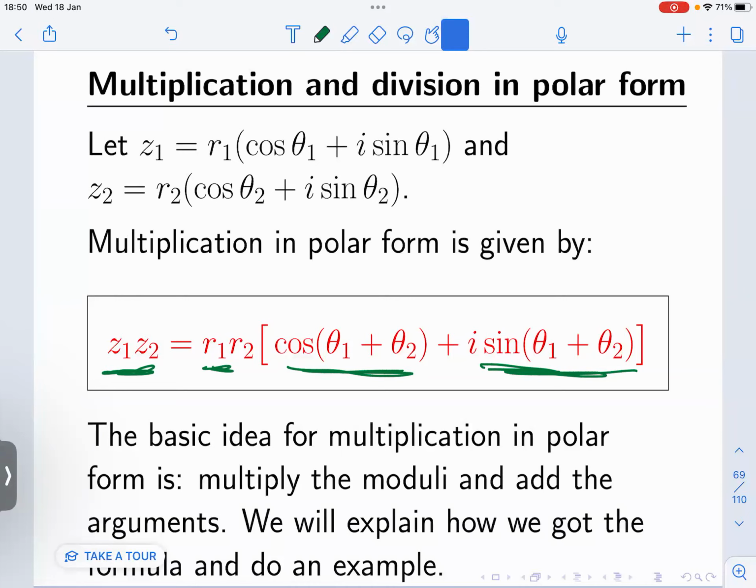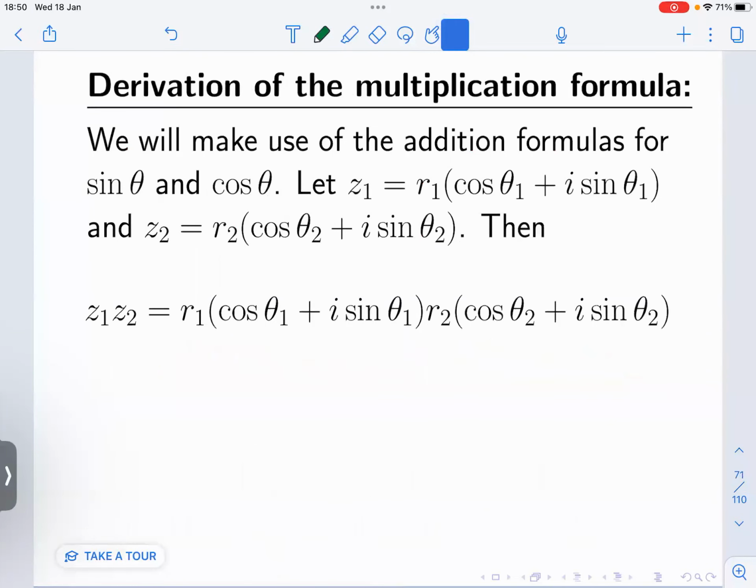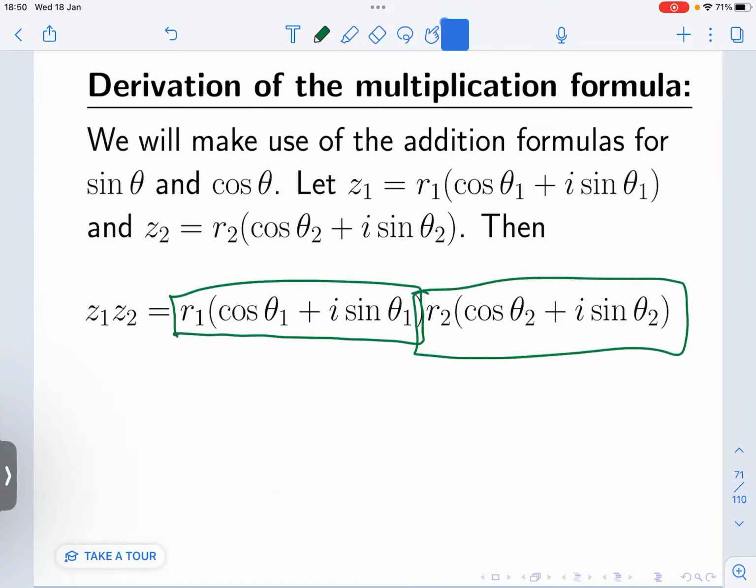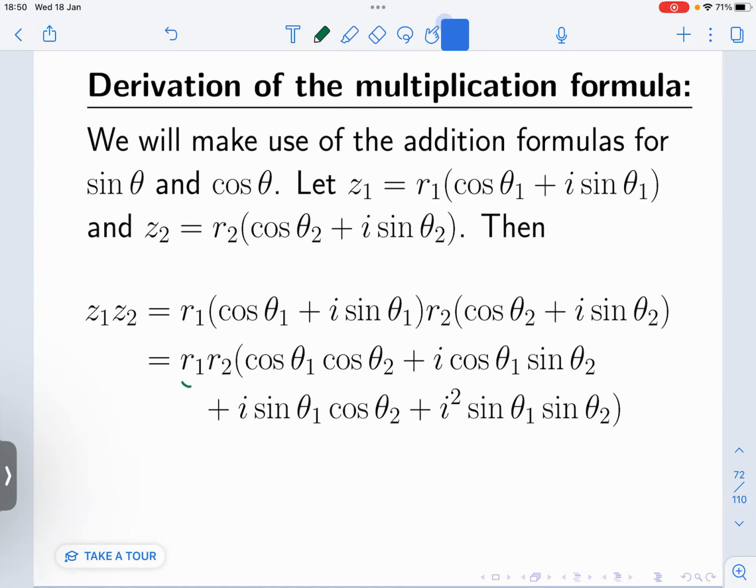Take the product of the two complex numbers, expand, use the fact that i squared is equal to -1, and then everything will fall into place. So we have the derivation here, z1 times z2. Since we're dealing with the product, we can simply take r1, r2 to the front, and then take the product of cos theta 1 plus i sin theta 1 with cos theta 2 plus i sin theta 2.